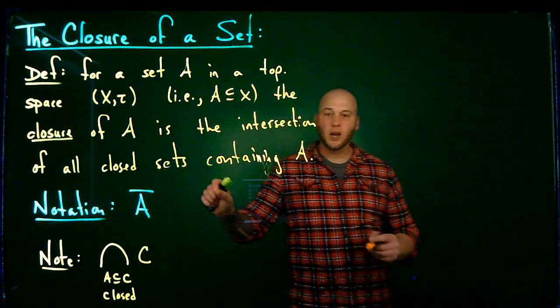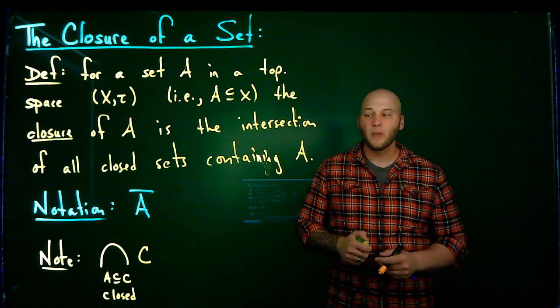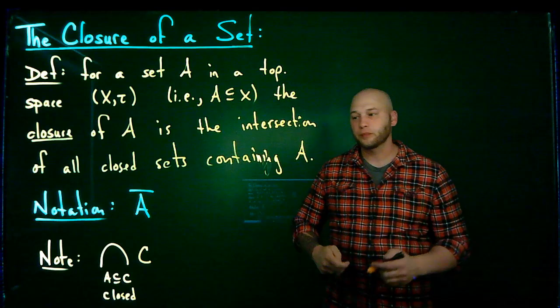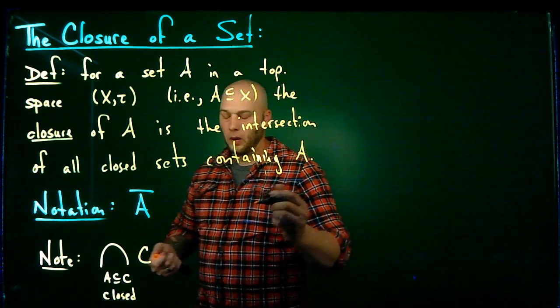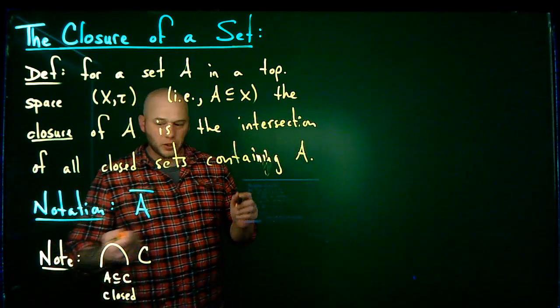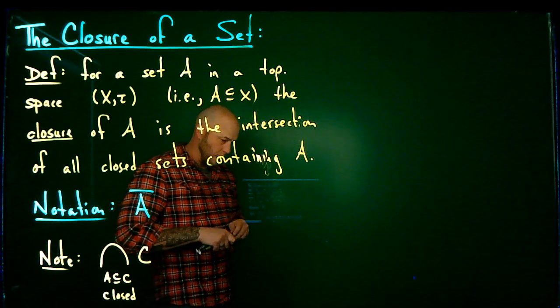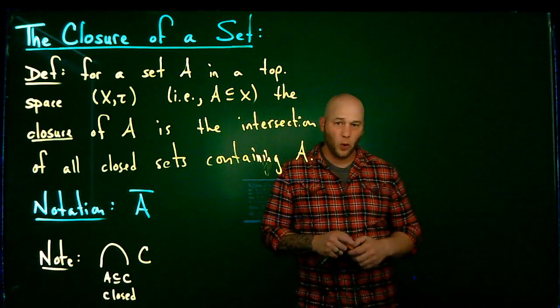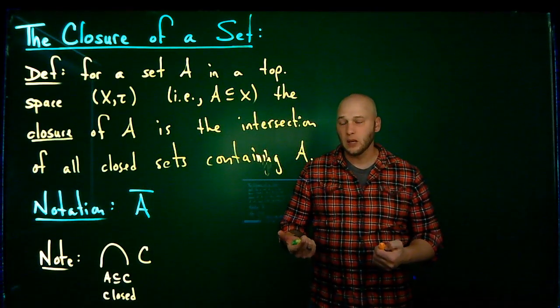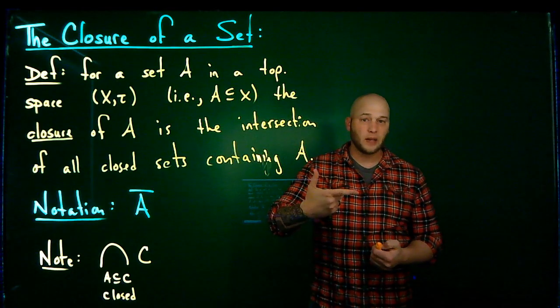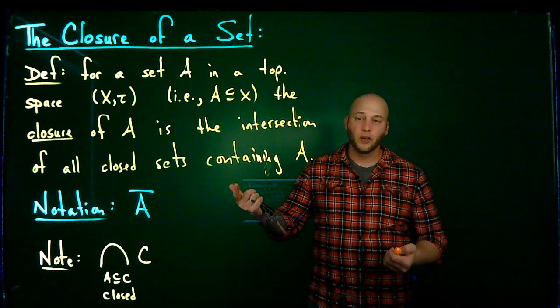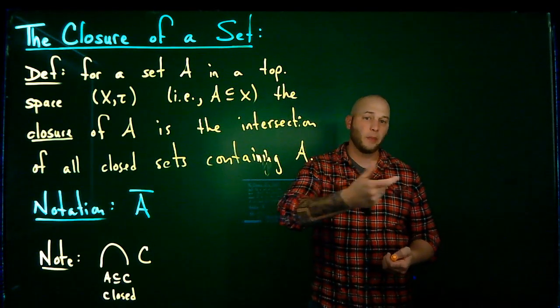It would be the intersection of all closed sets that contain A. Well, how do I check to see if this is actually a closed set? Well, remember that the relationship between open and closed sets is that they're complements. So if a set U is open, then its complement is closed. Conversely, if a set is closed, then its complement is open.